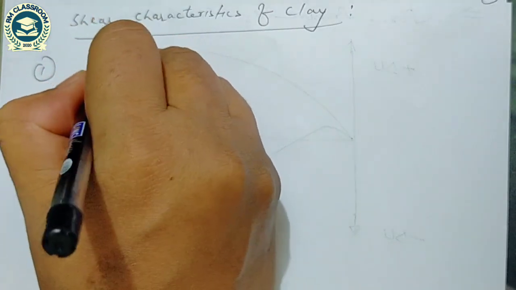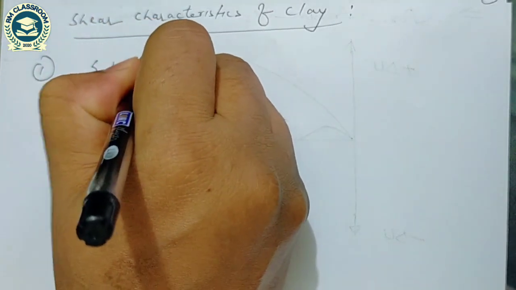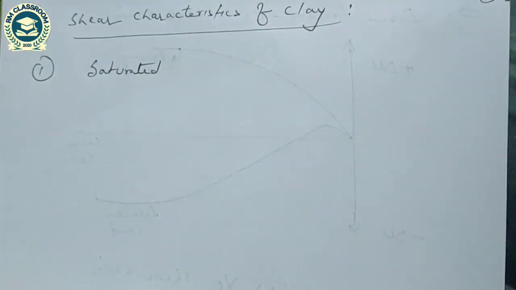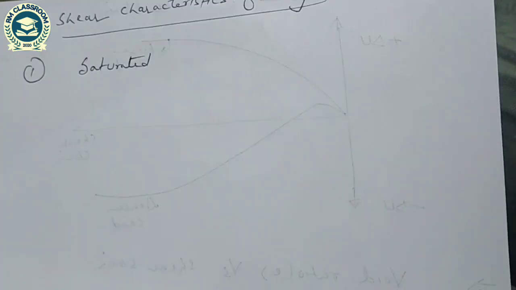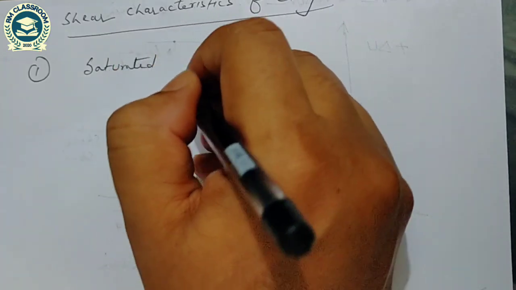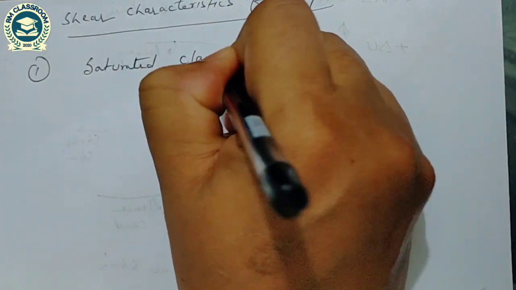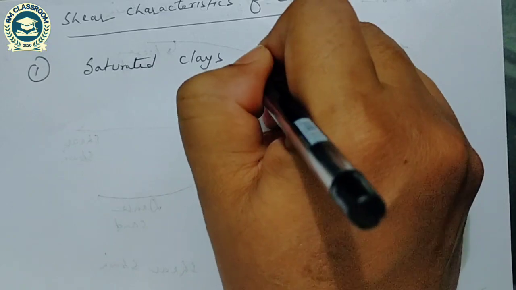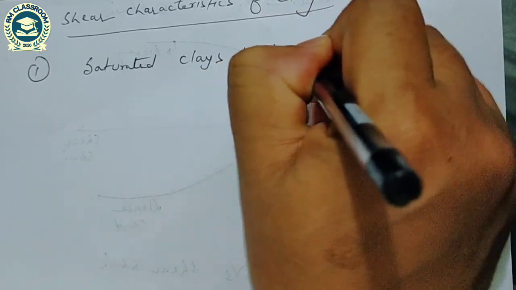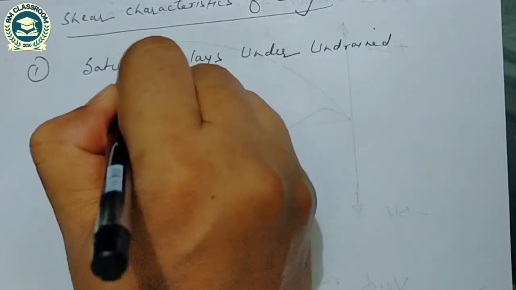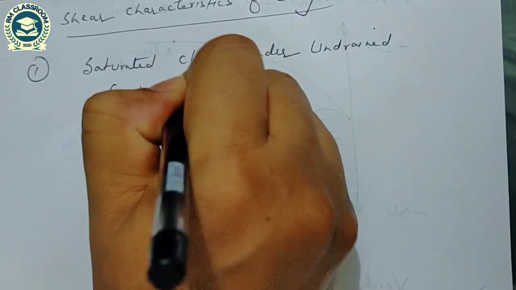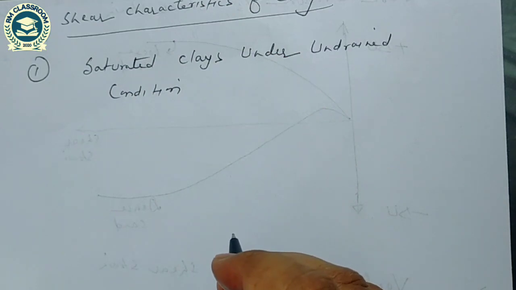Firstly, saturated clays under undrained condition. If a UU test is conducted, it means the clay is under undrained condition and the loading rate is slow.